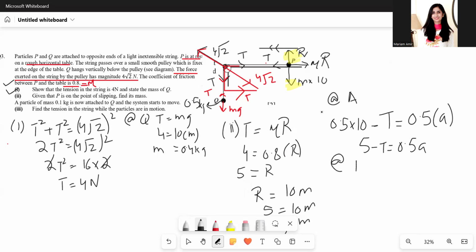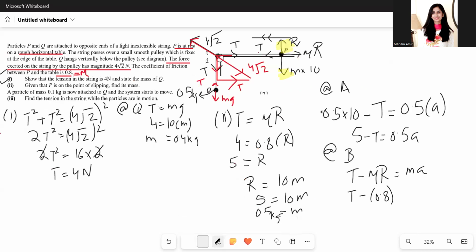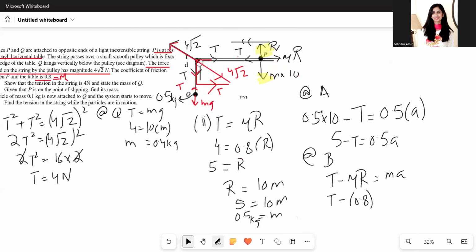Now at P, forward force would be T minus mu R equals ma. T minus mu, which is 0.8, R is 10m. What was the mass for this? It was 0.5. So R is going to be 5. Oh, we already know that from here.